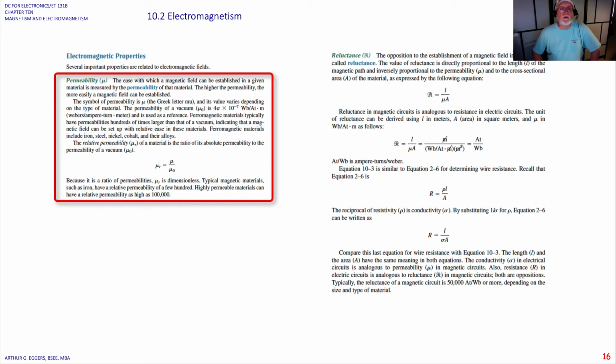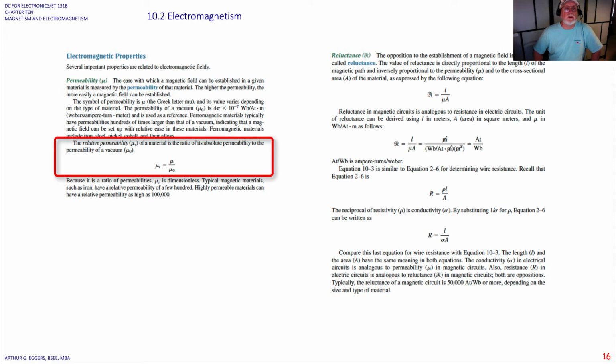So to determine what kind of permeability we've got, we've also established something called the relative permeability, or mu r. Mu r of a material is the ratio of the absolute permeability to the permeability of a vacuum.